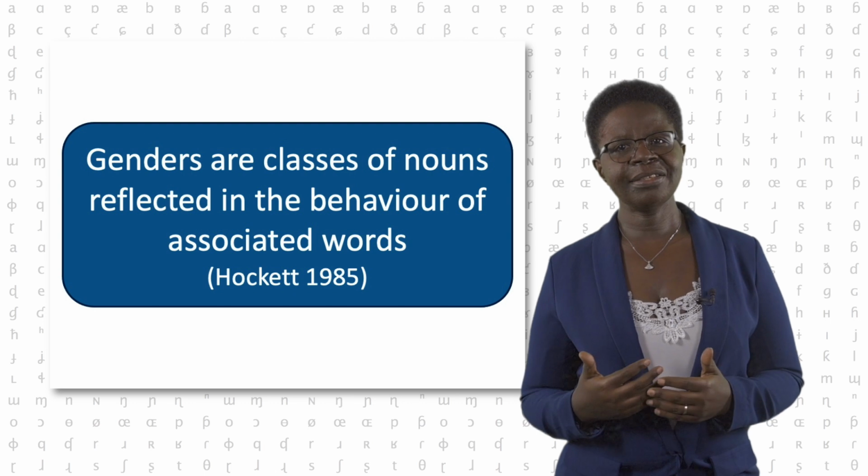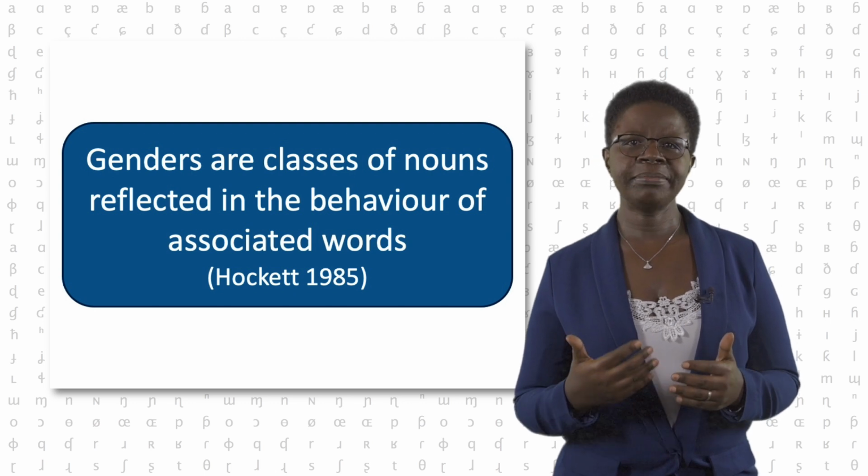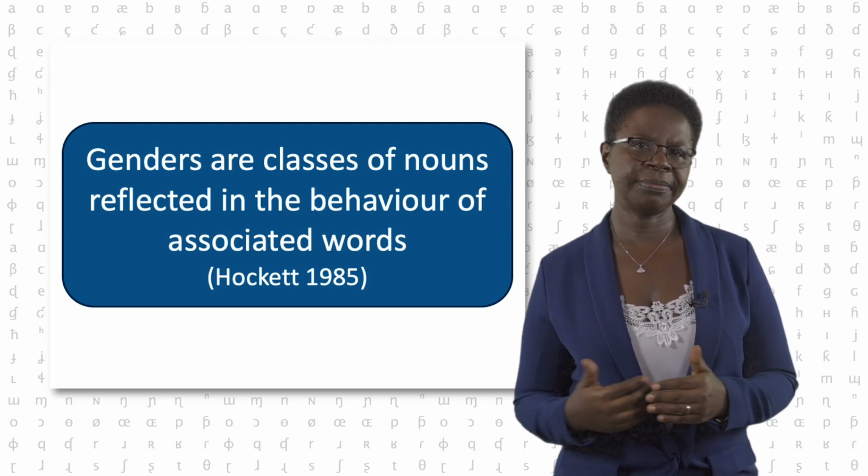This agreement is in fact the definition of a formal system of noun classification, which has also been called gender. Noun class and gender can be seen as terms for the same under Hockett's definition, which reads, genders are classes of nouns reflected in the behavior of associated words.